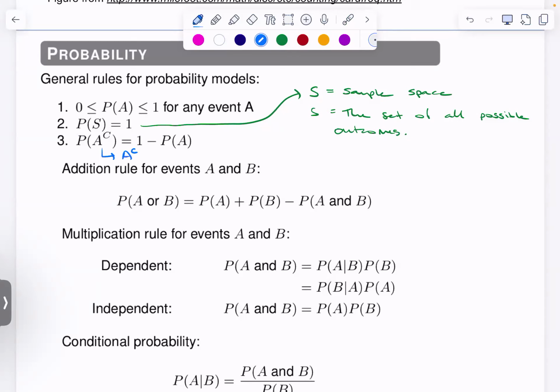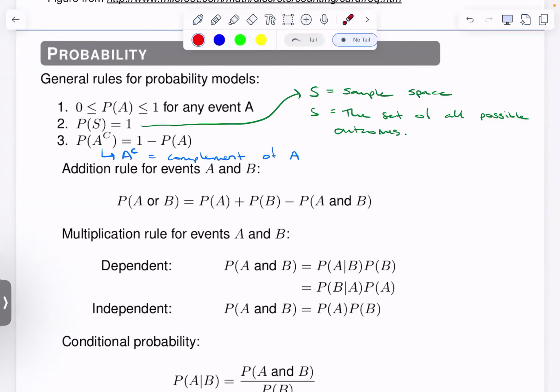We'll see it in a bit, but A to the power of c, and there's lots of different notation we can use. Sometimes we use a prime, but I'll use c. It is the complement of A. If I flip a coin and A is flipping tails, the complement of flipping tails must be heads.